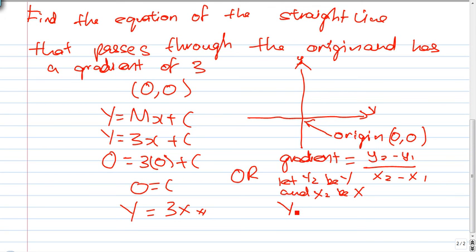So what you get is y minus 0 over x minus 0 equals your gradient, which is 3. So y over x equals 3, and y equals 3x. This is another way through which you can get the equation of a straight line.